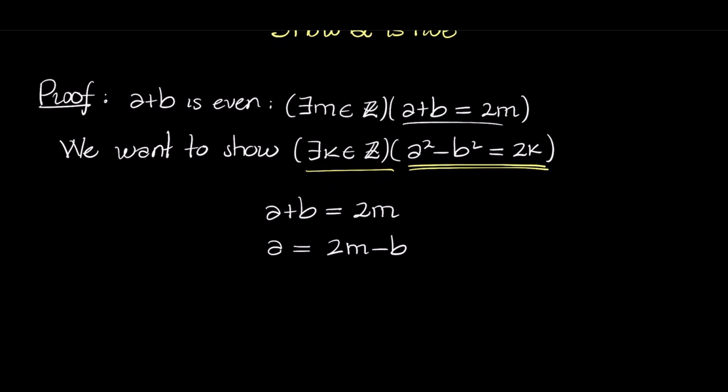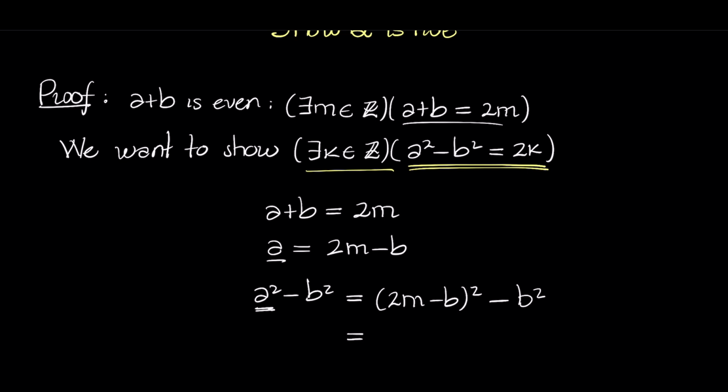Now, if we have this expression here, a squared minus b squared, and I replace what I got for a here, we'll have the following. This will be (2m minus b) squared minus b squared.